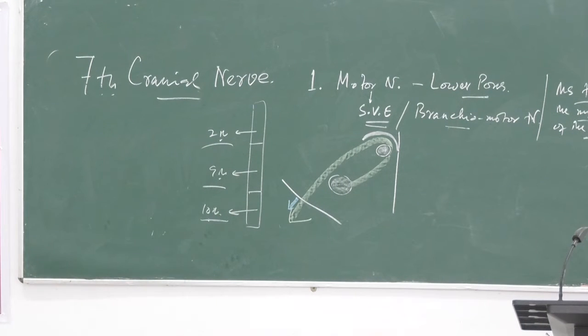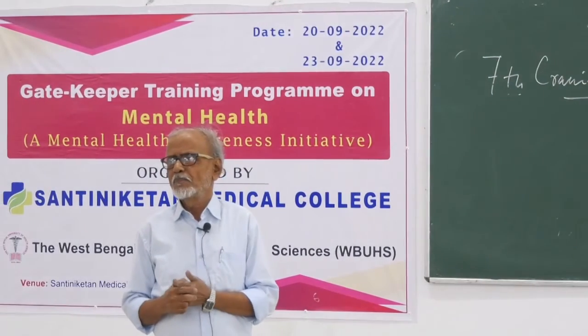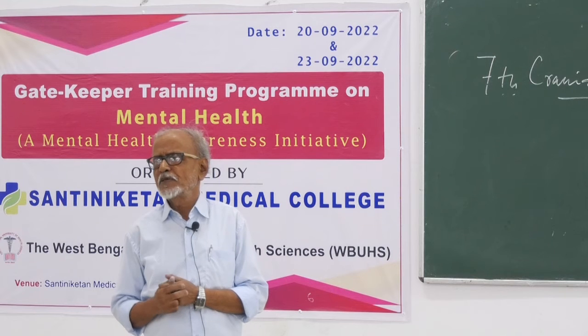Lying lateral to the sensory root, we find another very important cranial nerve at the pontomedullary junction.